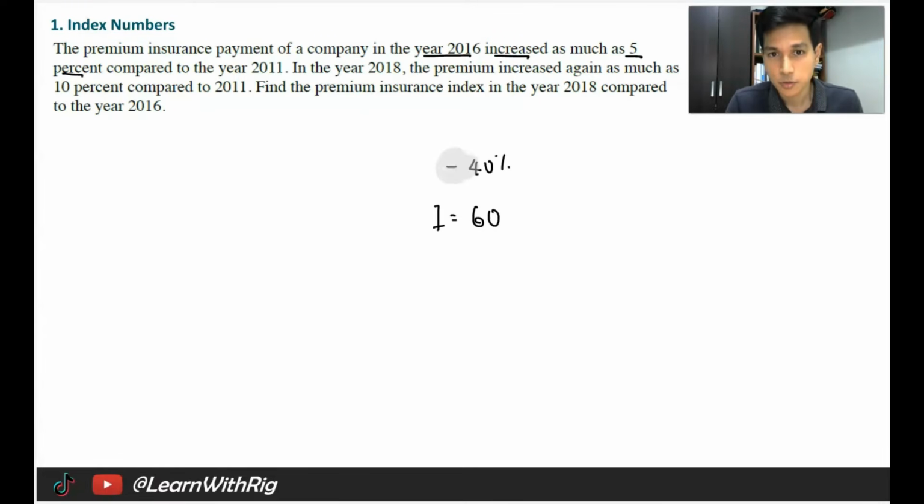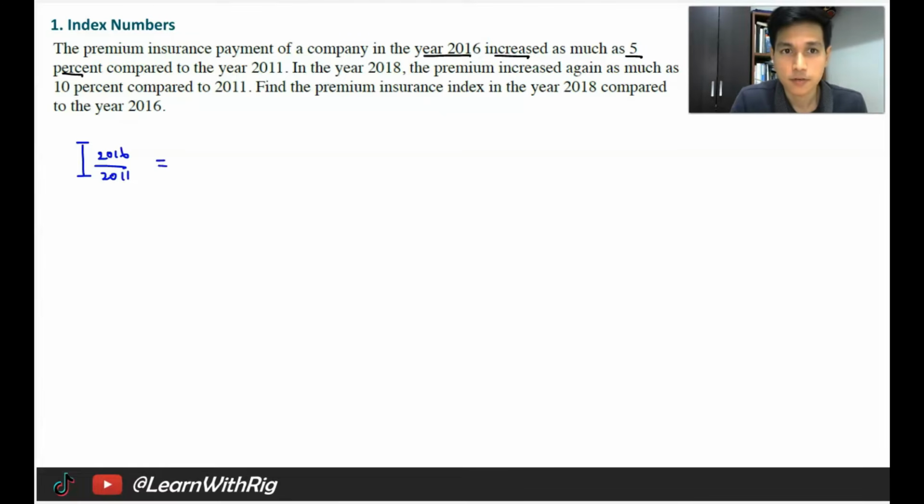Based on this question, they said the premium in year 2016 increased as much as 5% compared to year 2011. So they are telling you the index of 2016 based on 2011 is increased by 5%, so that means 105, based on year 2011. Next, in the year 2018 the premium increased again, by 10% compared to 2011.